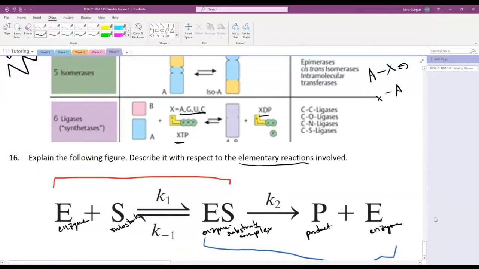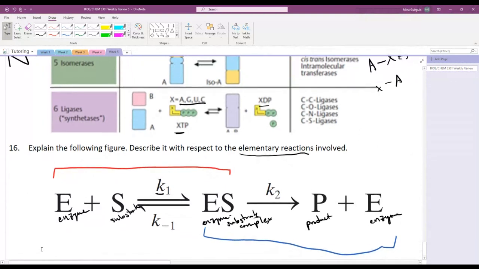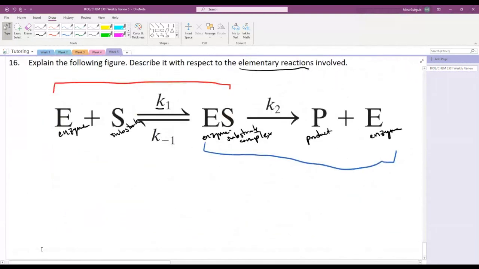Okay? So again, remembering back to Gen Chem, every elementary step has its own rate constant, and that's what these Ks are. Because this is a reversible reaction, this first red one is, we have a K1 and a K negative 1.